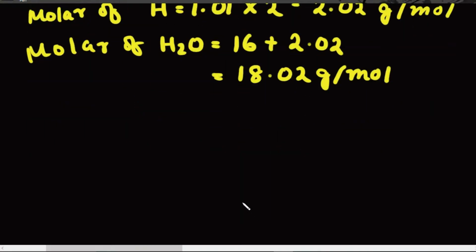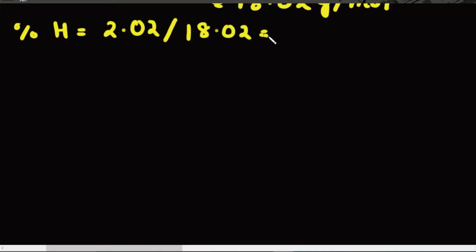Now we will find the percentage composition of each of the elements in H2O. So percentage of hydrogen is equal to the molar mass of the hydrogen atoms divided by the molar mass of water, that will be equal to 11.21%.